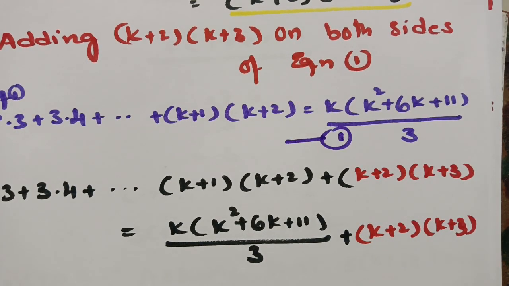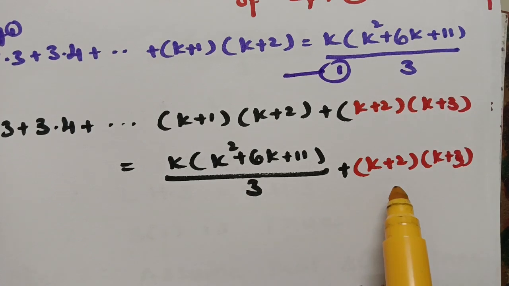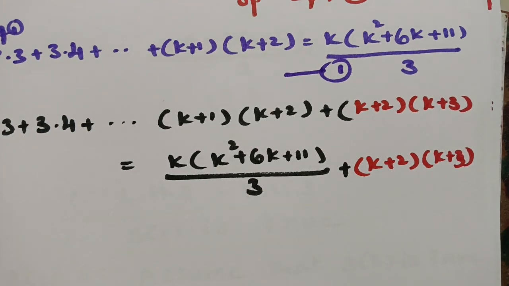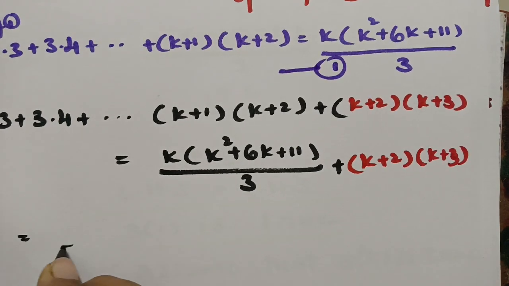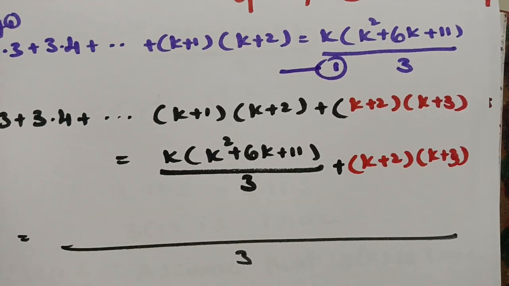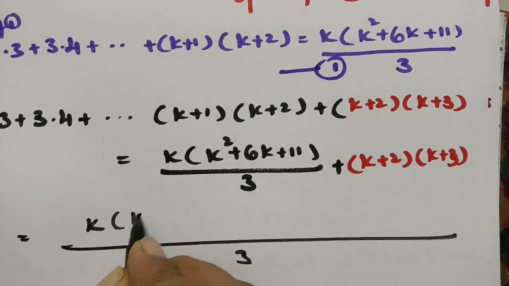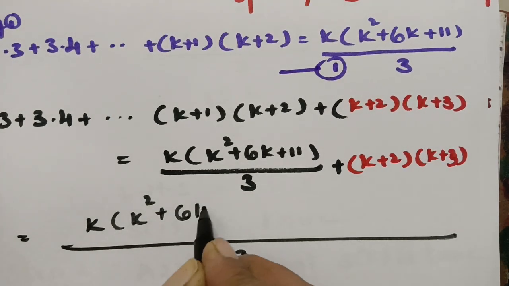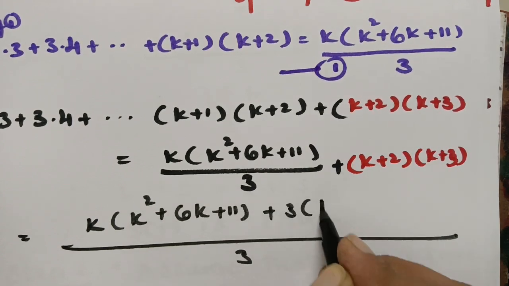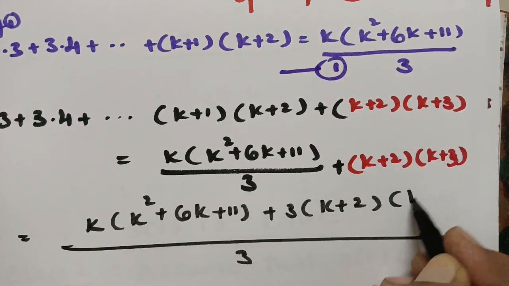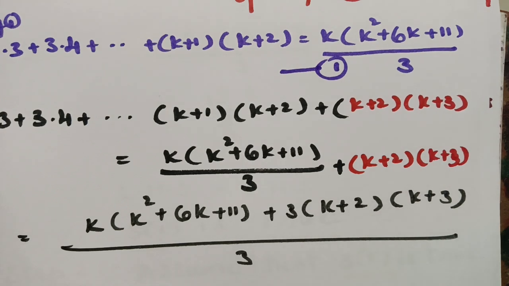Now I am going to solve this. So I am going to take this RHS and solve what happens here. If I take 3 as LCM, this will be k times of k square plus 6k plus 11, plus 3 times of k plus 2 into k plus 3. Clear?